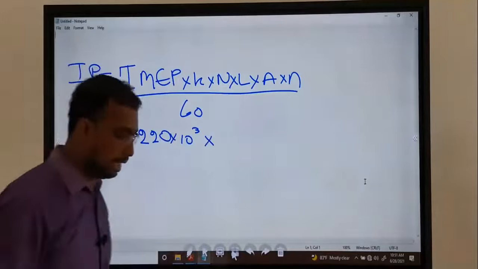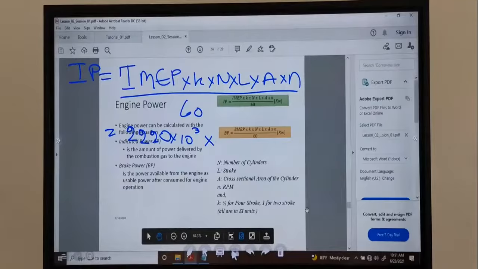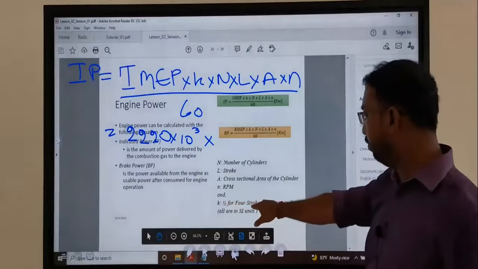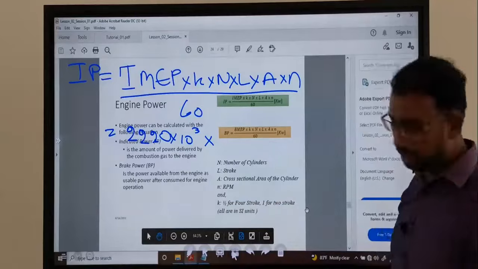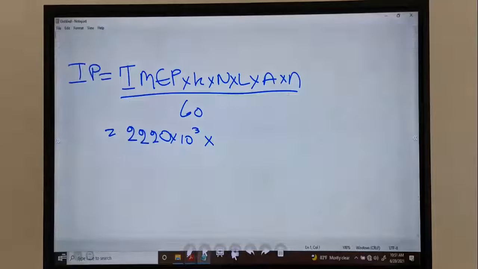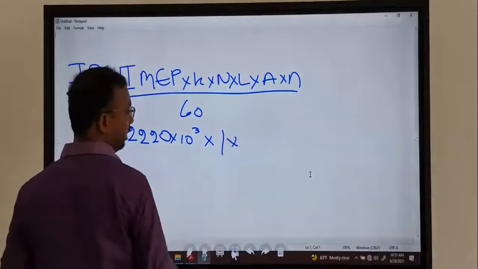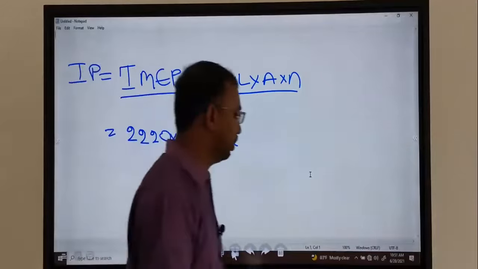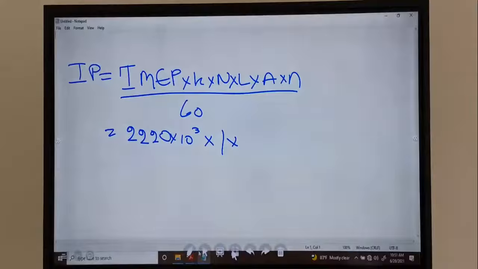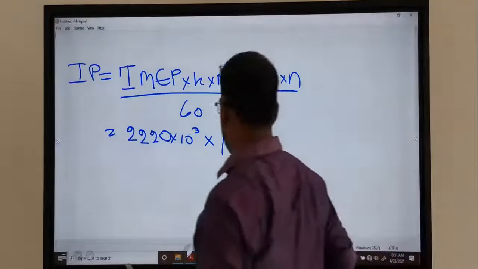Here the K factor: this is a two-stroke engine, so K equals half for 4-stroke and 1 for 2-stroke engine. So here we apply the value 1 for K. And the number of cylinders, I think for the two-stroke, 2 cylinders.